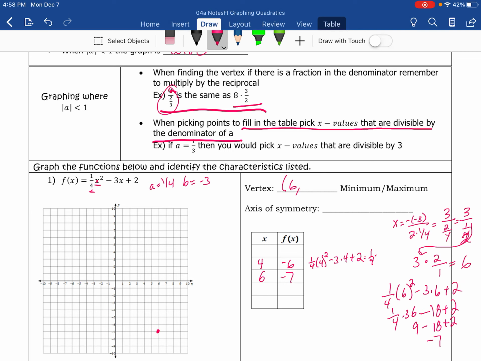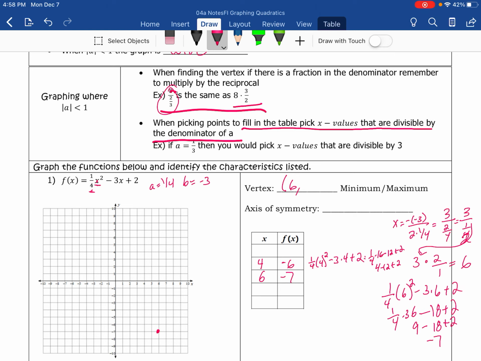But you can see as I go through, this is going to be 1/4 times 16 minus 12 plus 2, which is 4 minus 12 plus 2, which is -8 plus 2, which is -6. So you'll get the same thing.